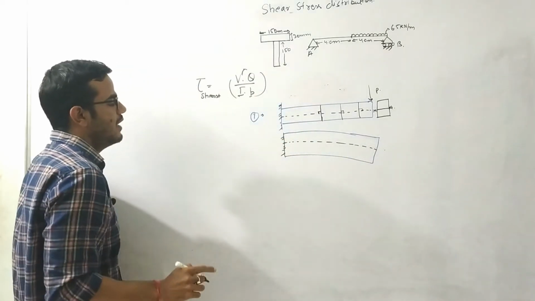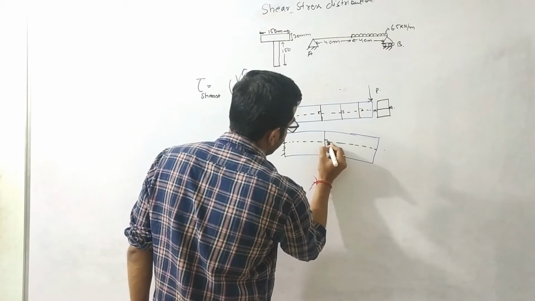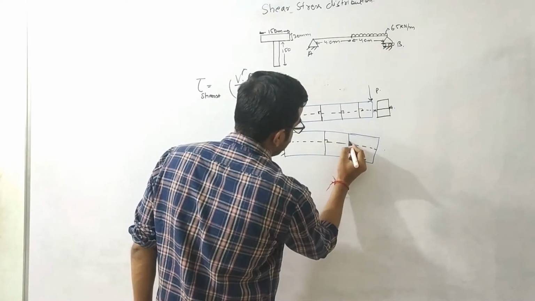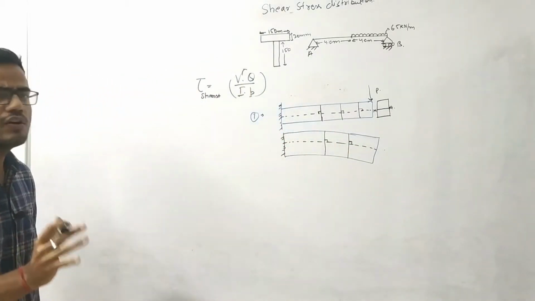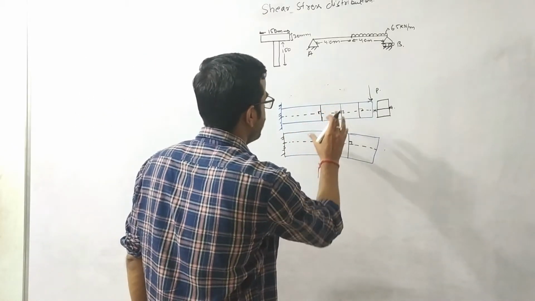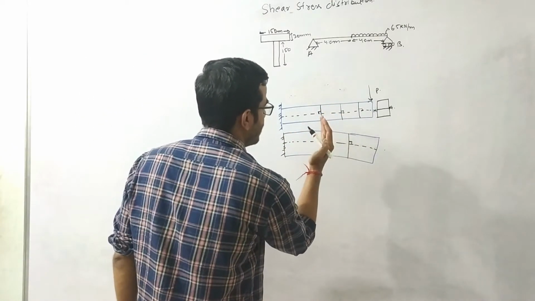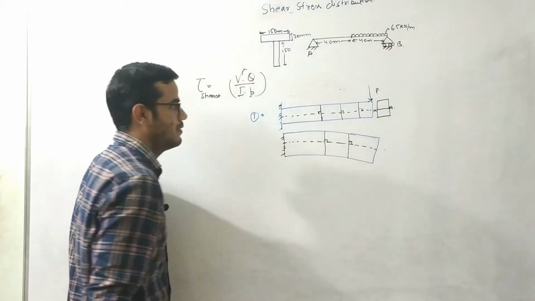Here also you can see that the cross section is still perpendicular to the longitudinal axis. The meaning of this assumption is that the plane should remain vertical. Here you can see that the plane is still vertical and perpendicular to the longitudinal axis.